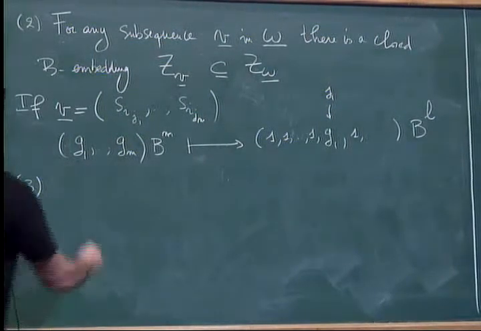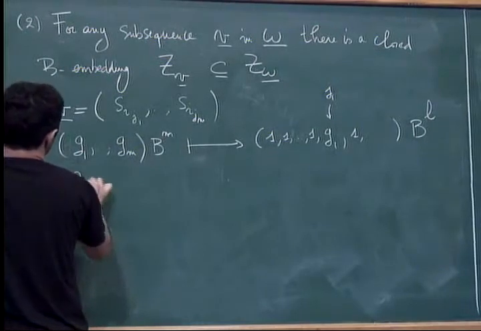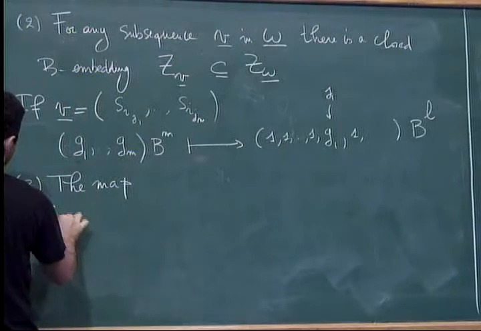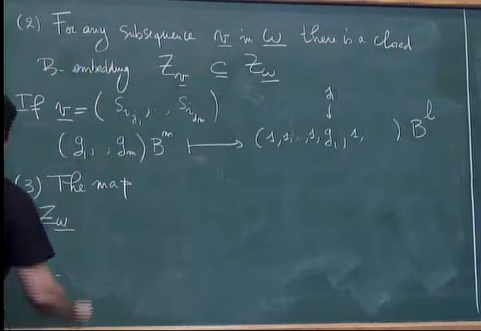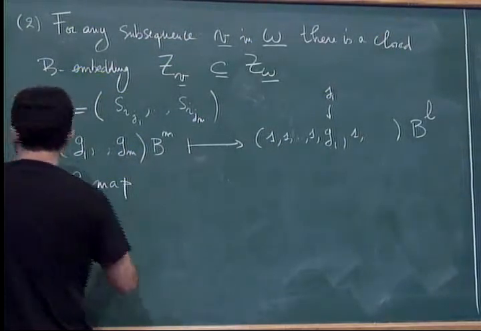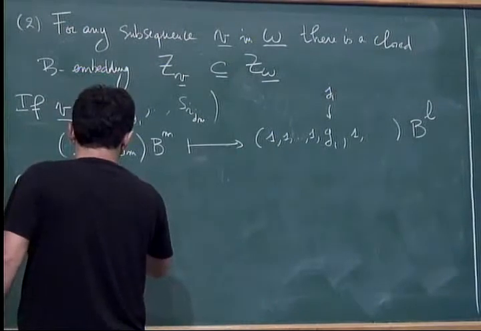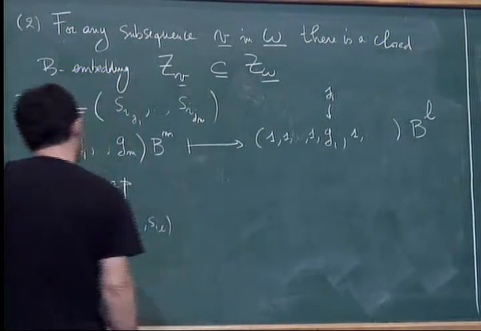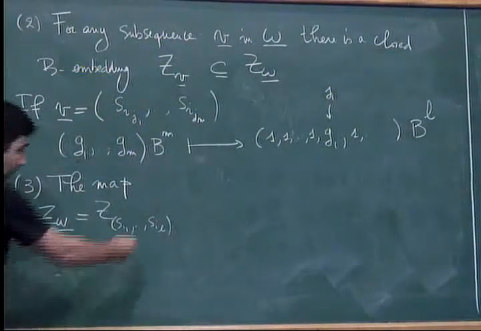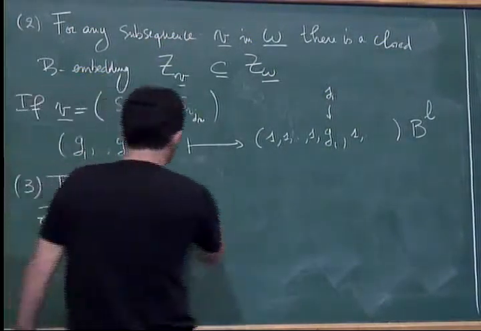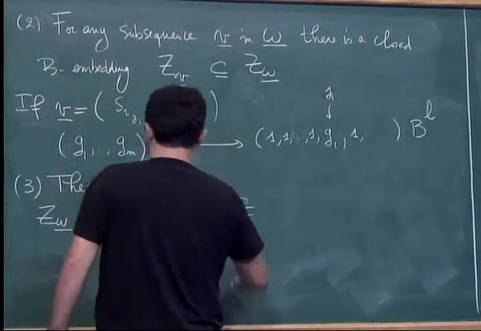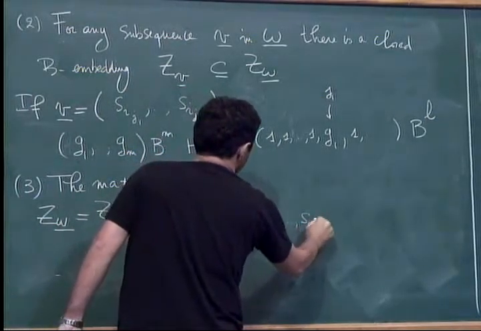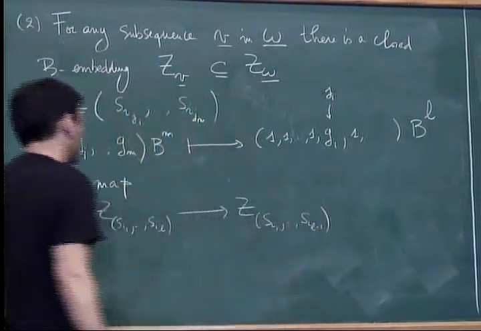So now we can consider the map. You start from Z omega, which is associated to the reduced decomposition SI1, SIL. And you can forget SIL. You go to Z SI1 up to SI L minus 1.